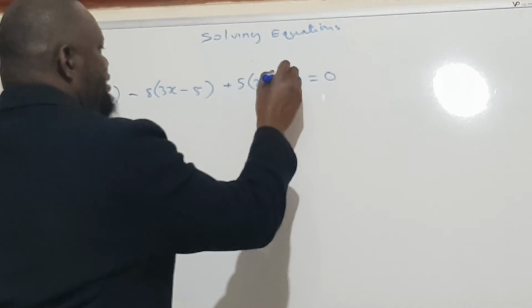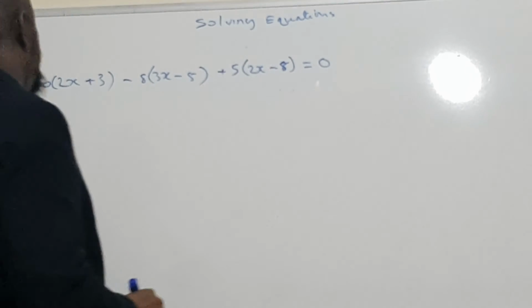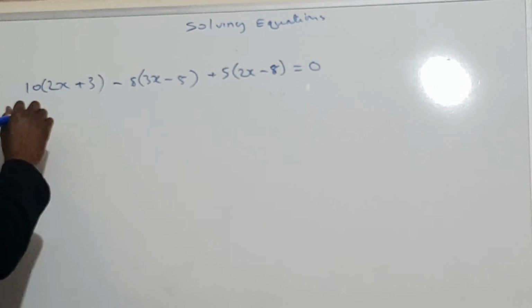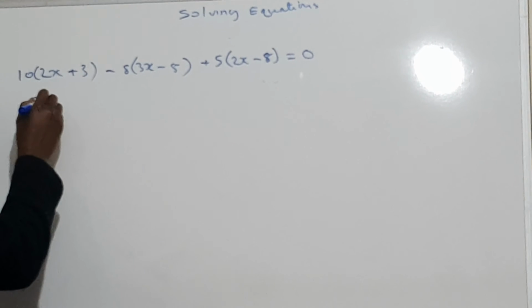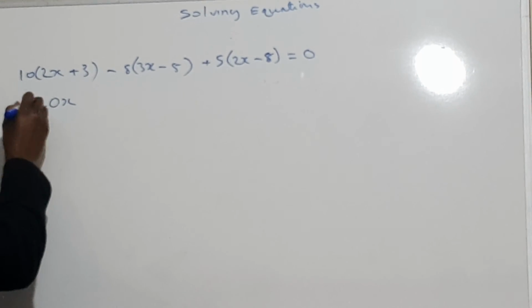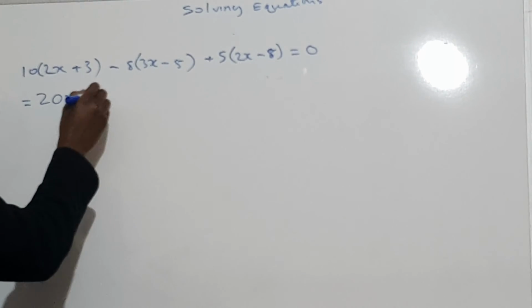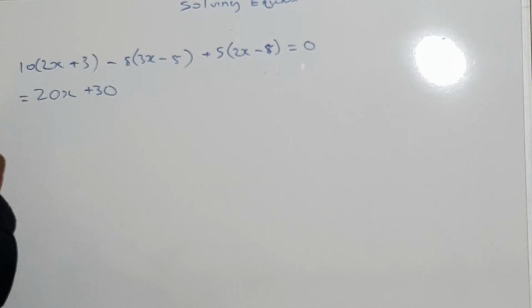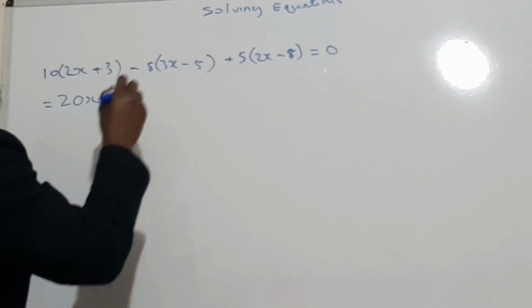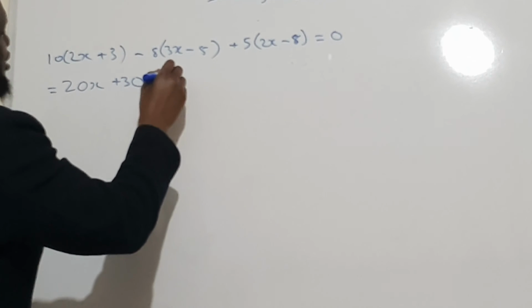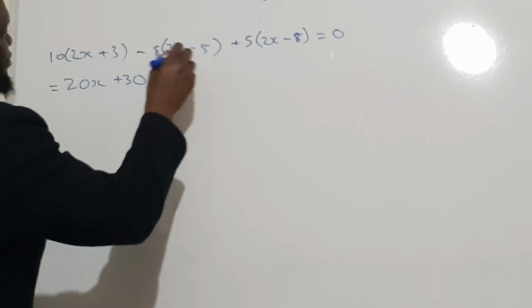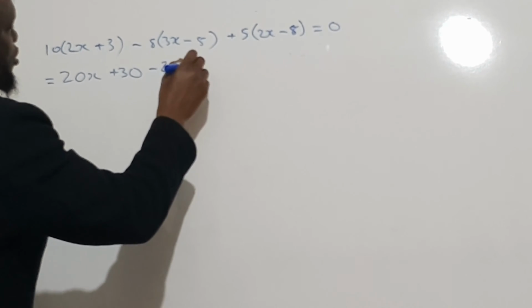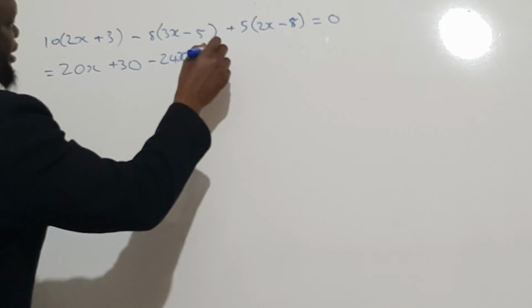So 10 times 2x is 20x. And 10 times 3 is 30. Minus 8 times 3x will be minus 24x. Minus 8 times minus 5 will be plus, don't say 40, plus 40.